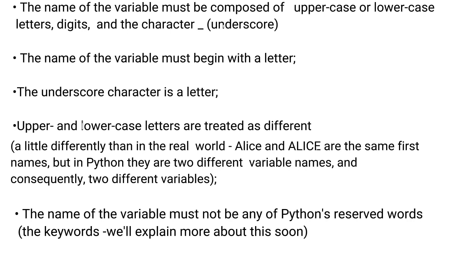Alice and ALICE are the same first names, but in Python they are two different variable names, and consequently two different variables. And lastly, the name of the variable must not be any of Python's reserved words. The keywords will explain more about this soon. Here are some correct examples, but not always convenient variable names.